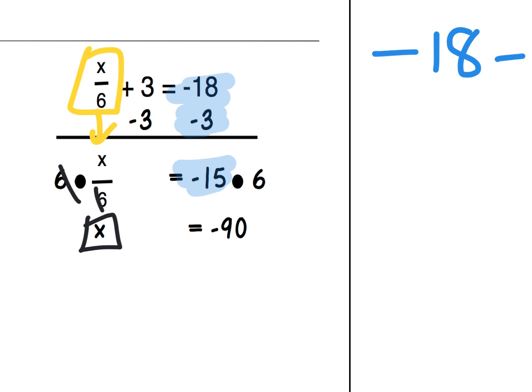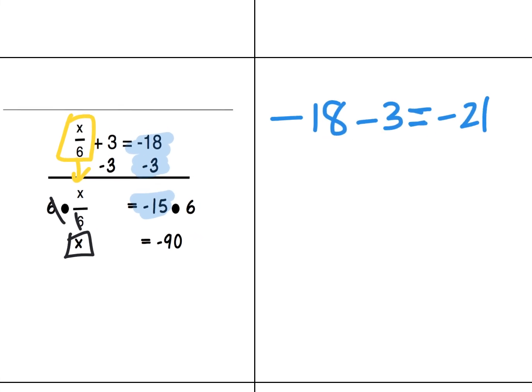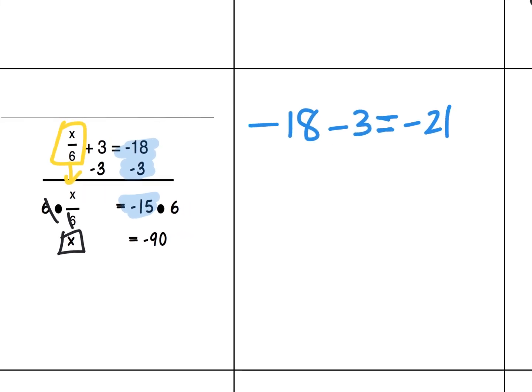Even if you got the wrong number, if you did the right stuff with the wrong number later, I'm okay with that. I don't ding you twice for making the same mistake, if that makes sense. So -15 times 6 is, in fact, -90. So the only thing they did wrong, the only thing that we need to write about is right there at that -18 minus 3. It shouldn't have been -15.